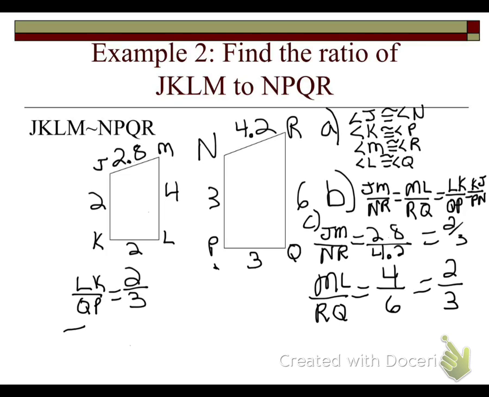We have KJ over NP. KJ is 2 and NP is 3. So we talked yesterday about scale factor, so that's that ratio. And we see that all of them end up with the same ratio. We would say our scale factor is 2/3.